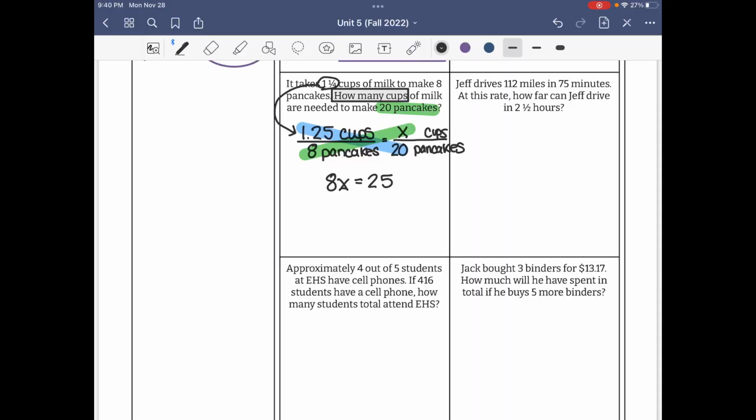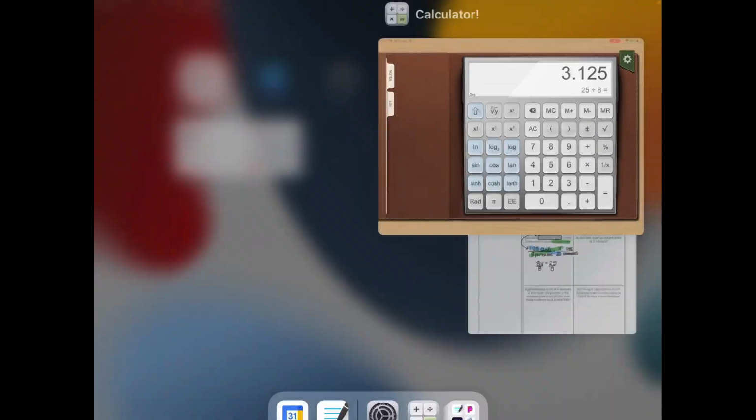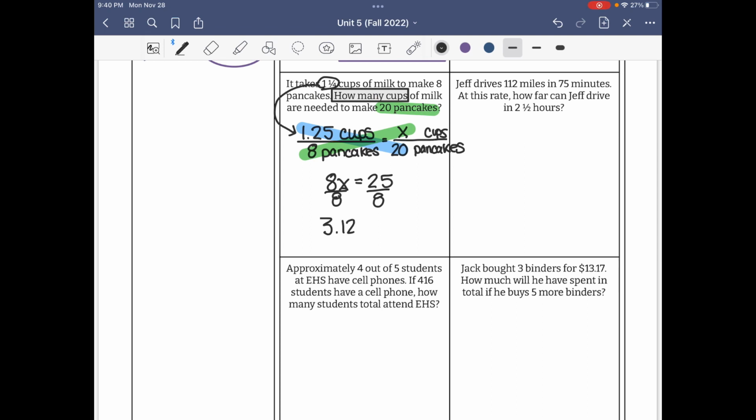And then you divide by 8. 3.125. So you need 3.125 cups of milk. There you go.